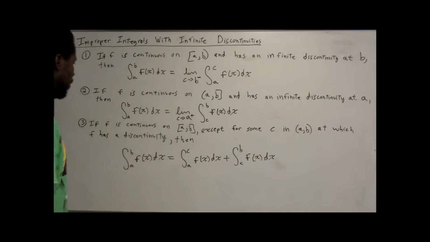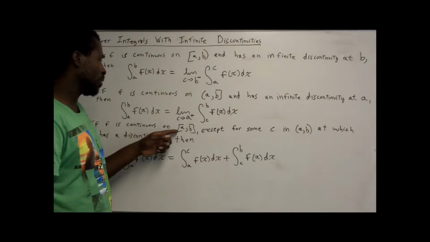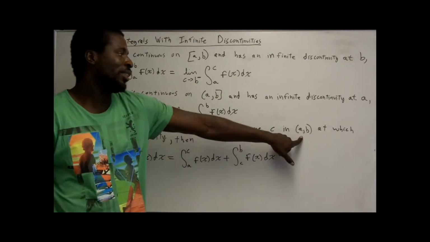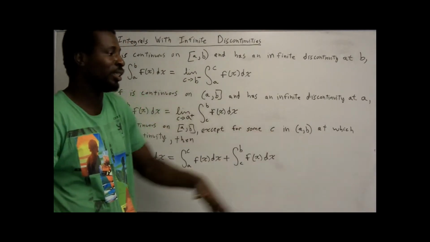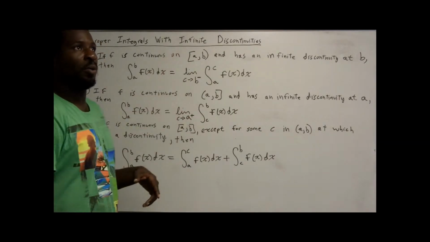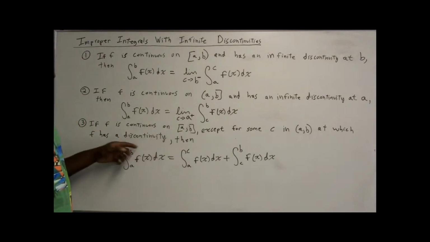Because this vertical asymptote is on the left of the interval, you have to approach a from the right of that integral. And here's the case, number 3, when the vertical asymptote is in the middle of the interval. The function is continuous on the closed interval from a to b except for some point c in the open interval from a to b, where x equals c is a vertical asymptote, or an infinite discontinuity.